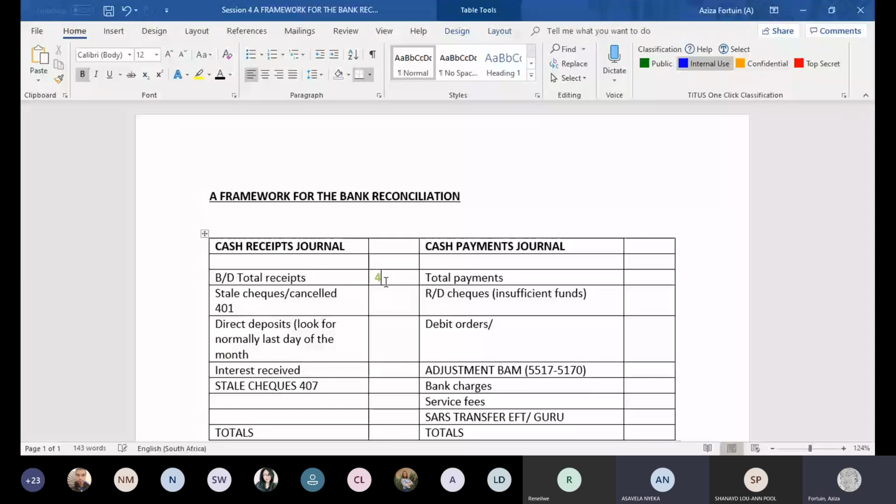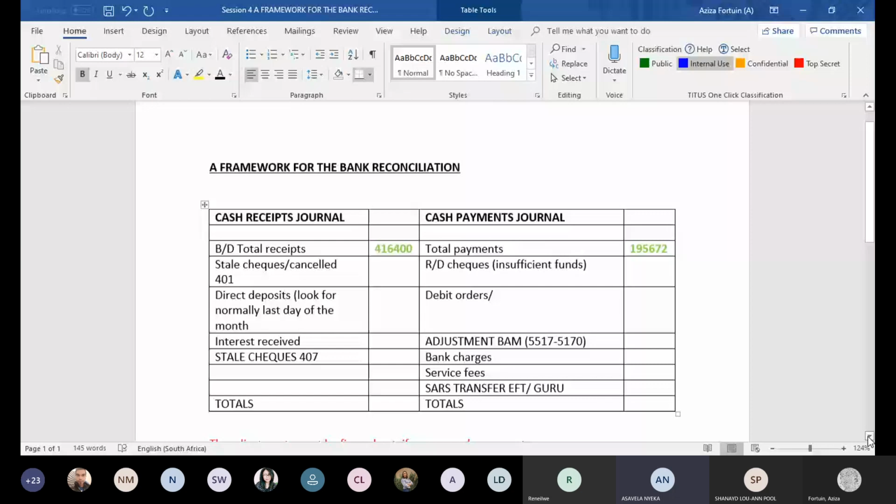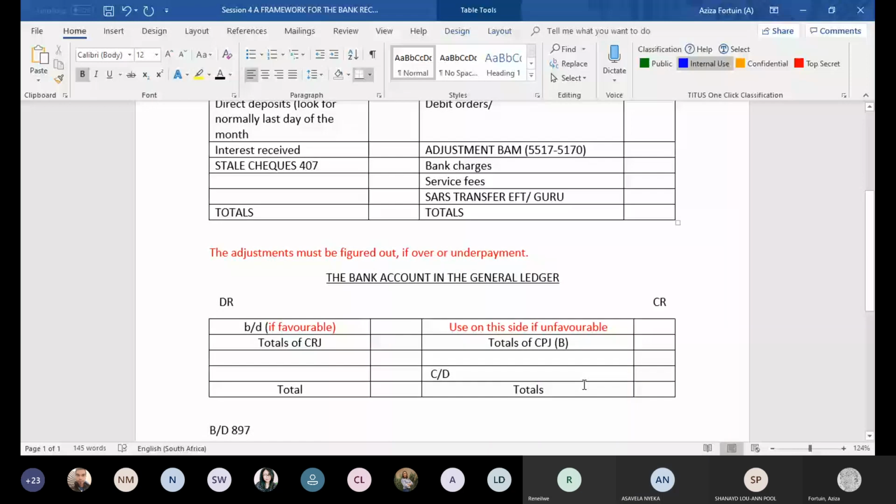And then on the cash payments journal, the balance is 195,672. And then on our adjusted bank account, the balance as per bank reconciliation statement is 318,000.